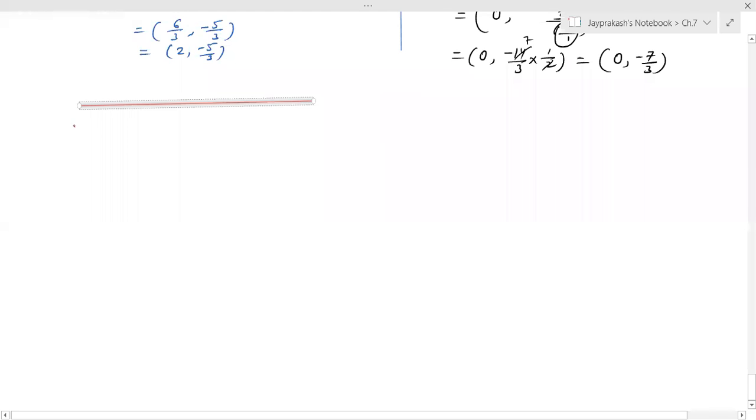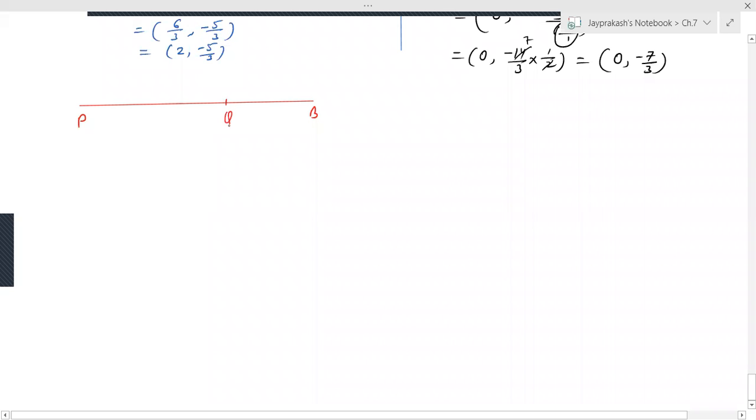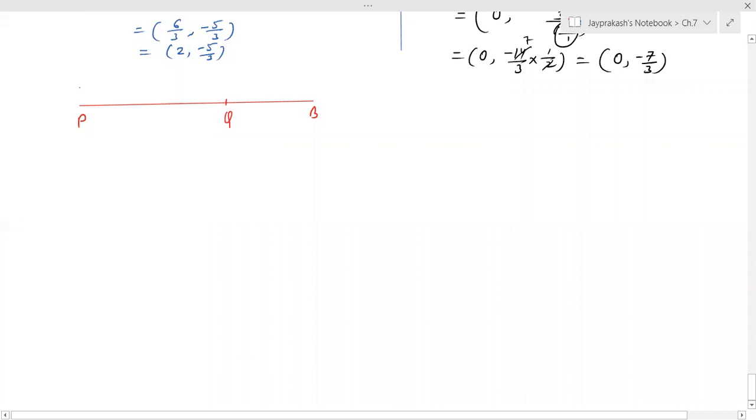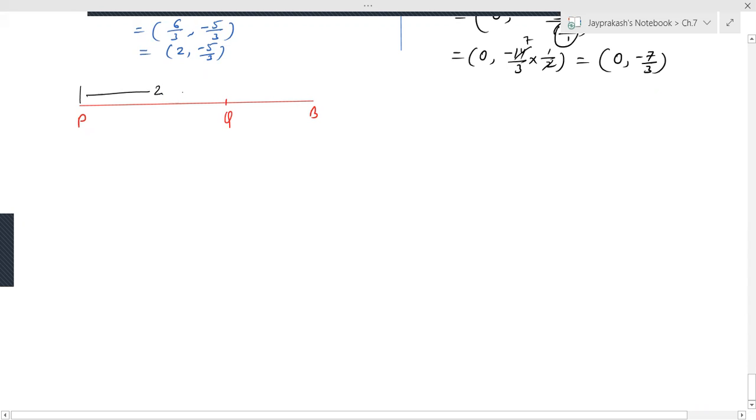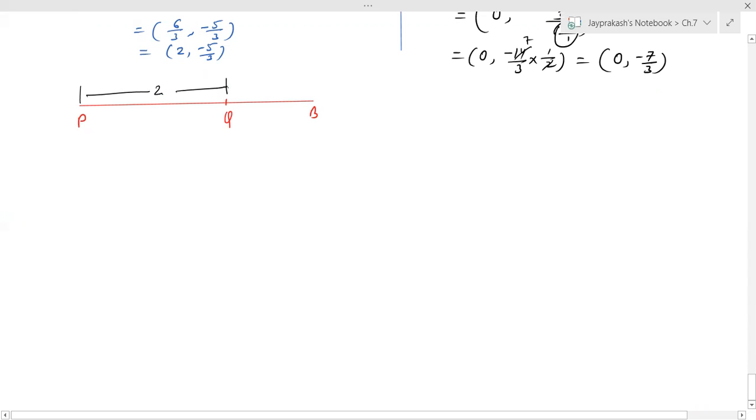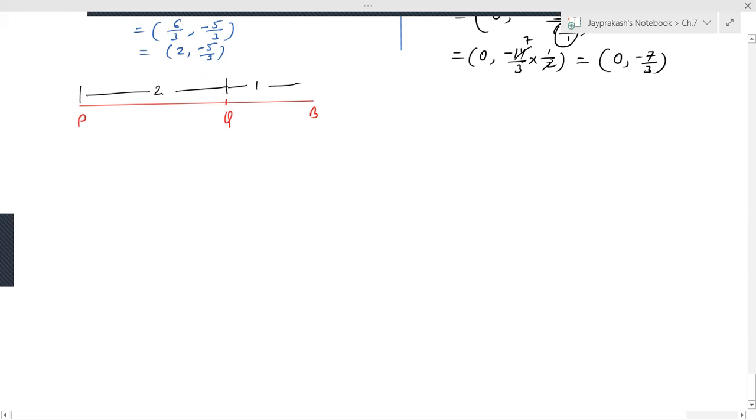So if you want to use the section formula, that means the coordinates of P and B are given. Now we want to find the coordinate of Q. So if we consider from the part P to Q, this part is divided into two parts and Q to B is divided into one part.